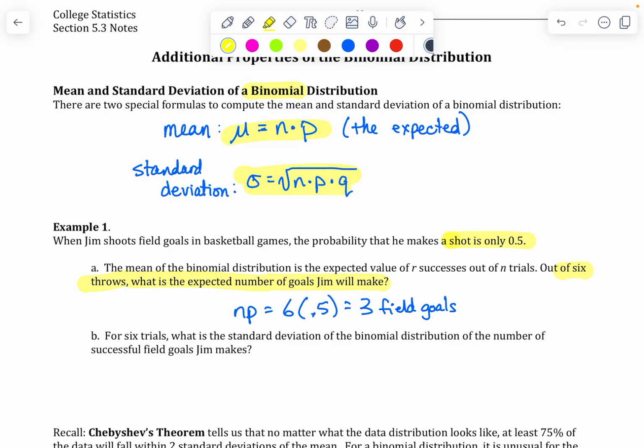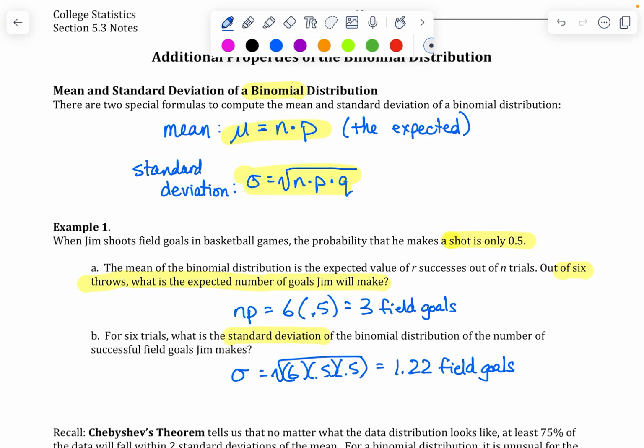What is the standard deviation? You simply plug in the numbers, right? Standard deviation is the square root of 6 times 0.5 times q, which is also 0.5, which is 1.22 field goals. Okay, so that's pretty straightforward.